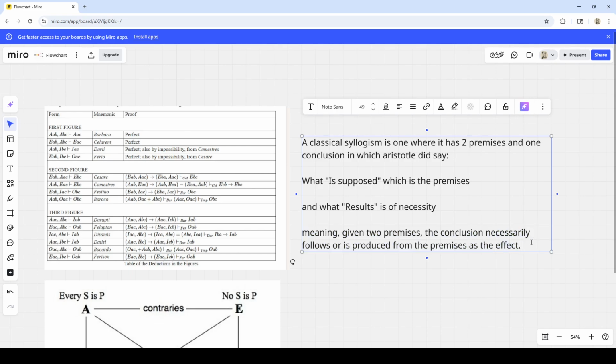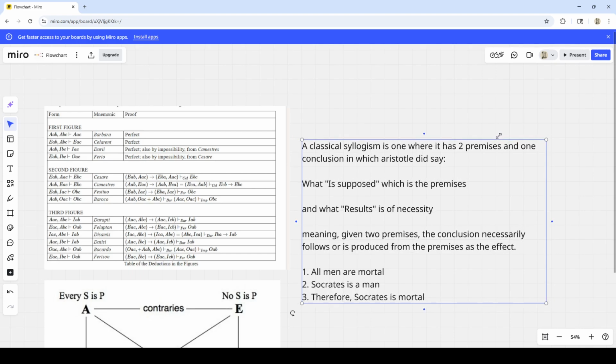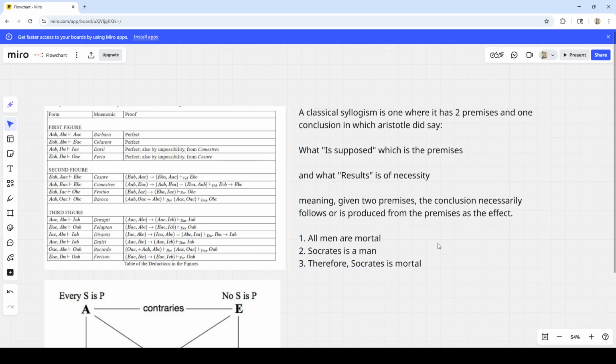If I were to give you an example of a famous syllogism, I would just do the all men are mortal, Socrates is a man, therefore Socrates is mortal, where the conclusion necessarily follows from the premises, in which the premises necessitate the conclusion. Now, in a syllogism, we use certain kinds of sentences. We call them categorical sentences, and categorical sentences are simply sentences with a subject and predicate.